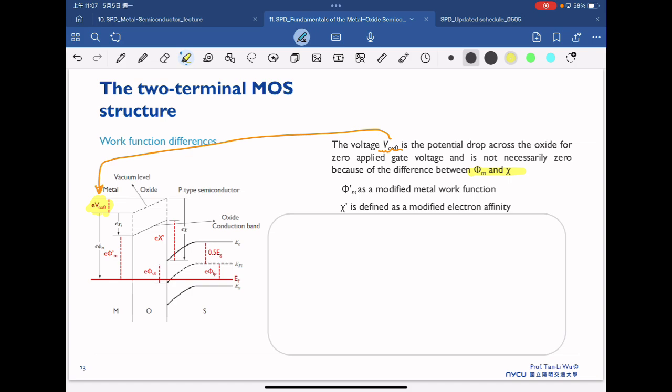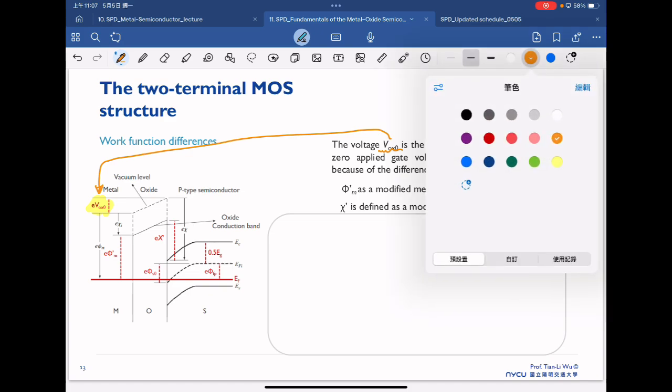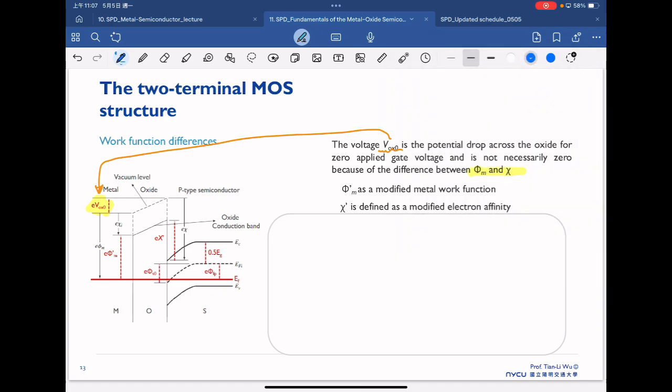And one thing I want to mention is that even under the zero gate bias case, the band is not flat. So that means in the case of MOS, even without any gate bias, the band is not flat. There is already some surface charge existing.